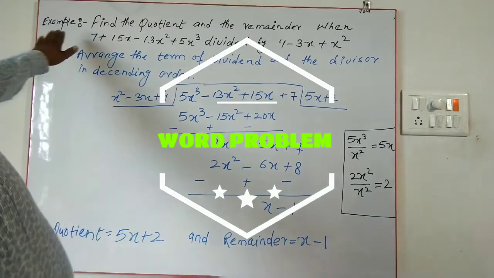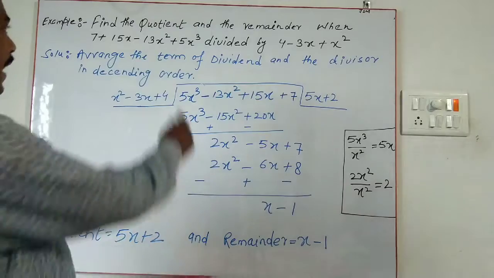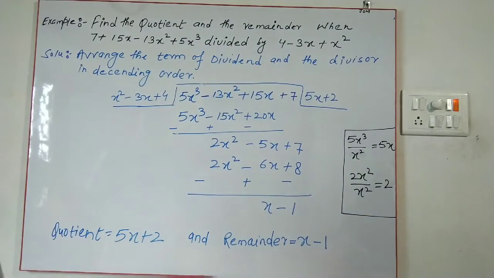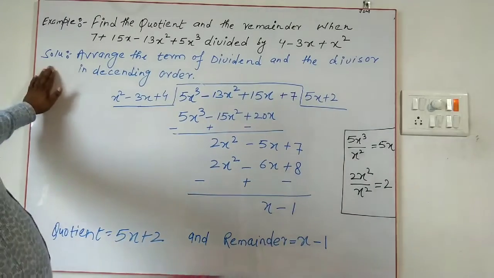Now next example, find the quotient and the remainder when 7 plus 15x minus 13x square plus 5x cube is divided by 4 minus 3x plus x square. Solution.